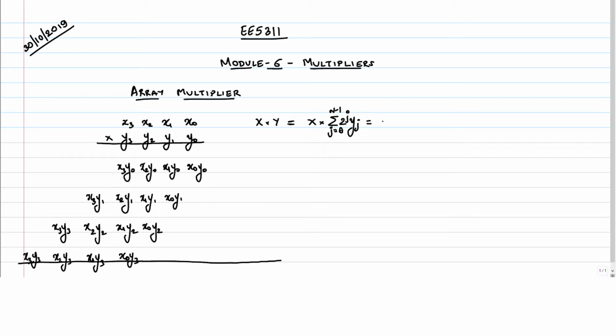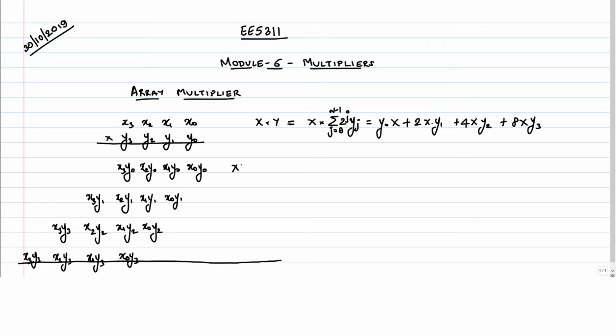If I expand it, it will be y0 times x plus 2x times y1 plus 4x times y2 plus 8x times y3. That's what this shifting operation is.